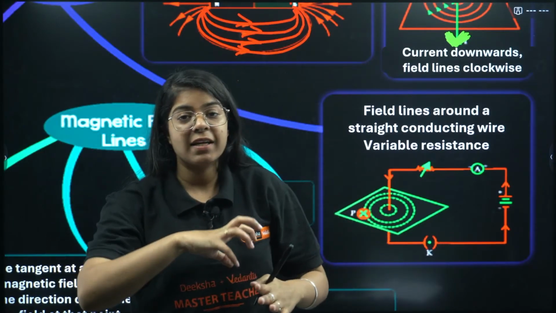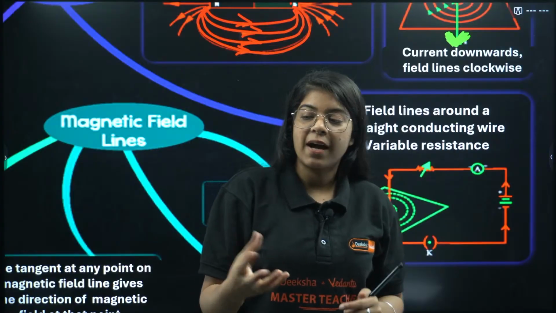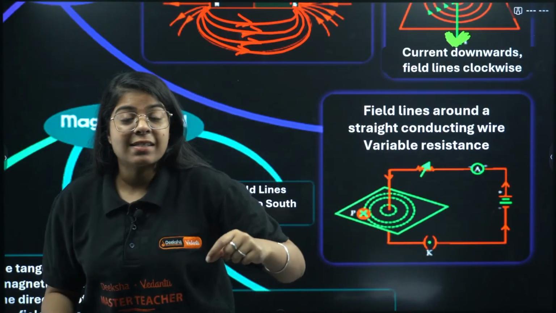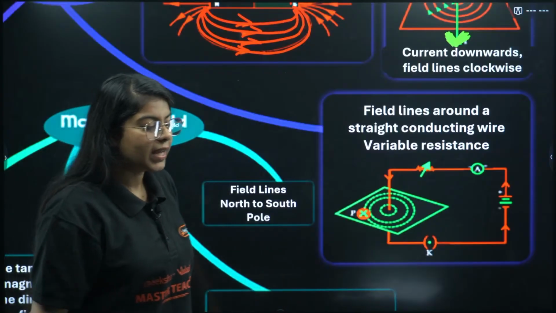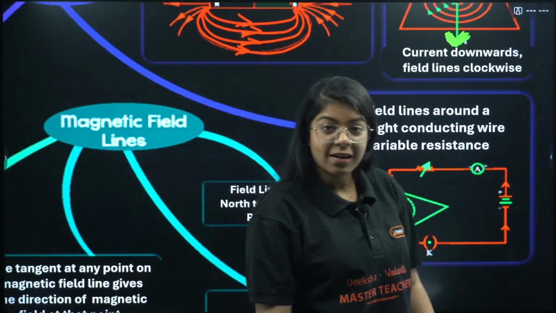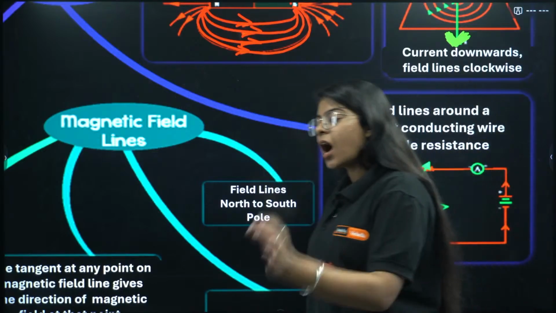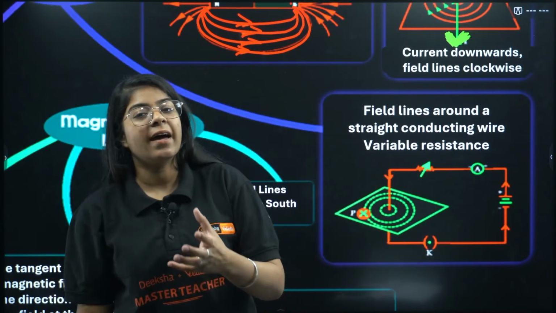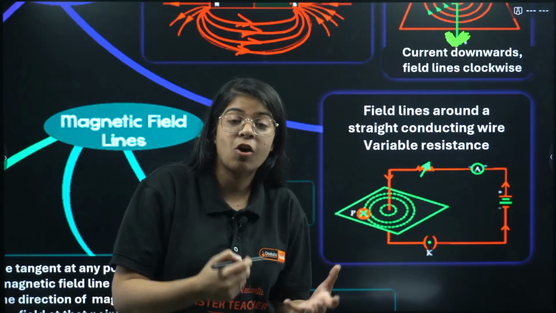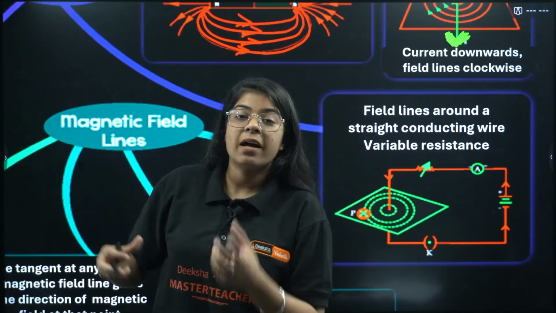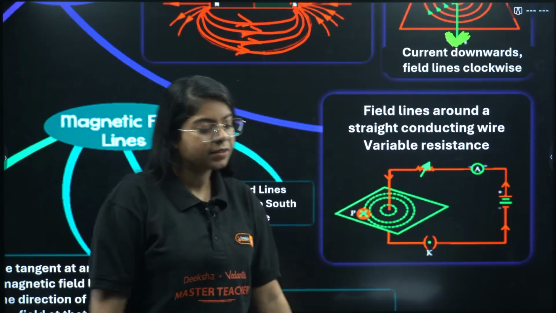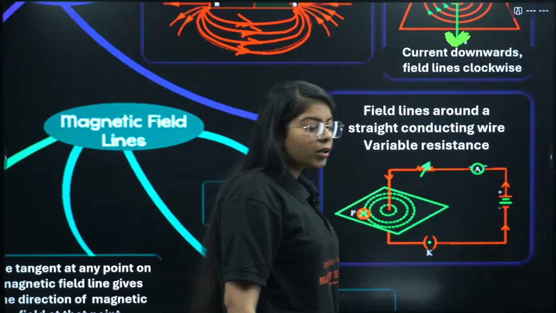When the current flows in that wire, those iron filings will align themselves in concentric circles. Correct? In concentric circles. And that is how we see that those concentric circles are the representation of magnetic field lines around a straight current carrying conductor. Correct? Okay, let's move on to the next questions.